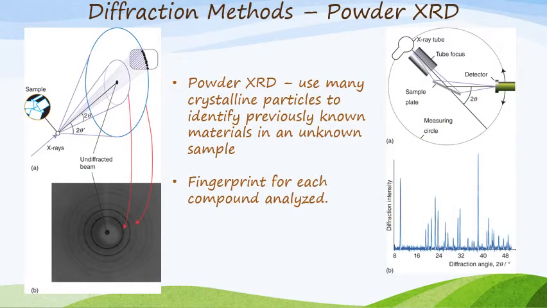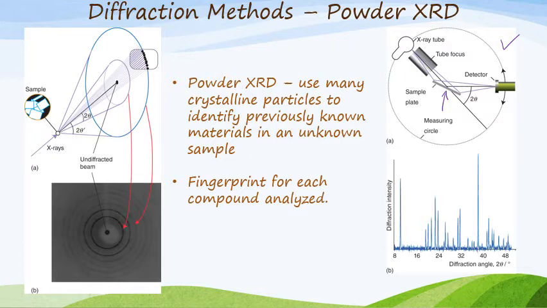So for powder X-ray diffraction, we have what you see on the slide here. We have a polycrystalline sample that is exposed to X-rays, and the diffracted beams are then emitted and collected onto a detector. At the top right-hand side in this diagram, you can see that we have the X-ray tube that is focused on the sample plate, and the polycrystalline material is placed on the sample plate here, and then the diffracted beams hit the detector, and we have a measuring circle that goes 360 degrees around the detector.